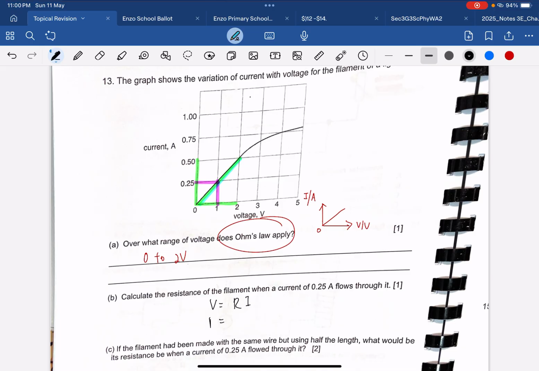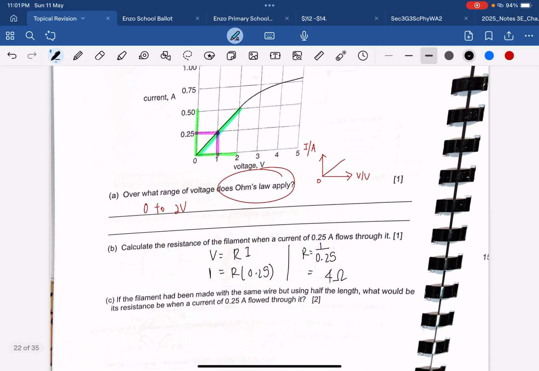So 1 equals R times 0.25. So R will be 1 divided by 0.25. Let me press the calculator. Okay, so 1 divided by 0.25 equals 4 ohms.